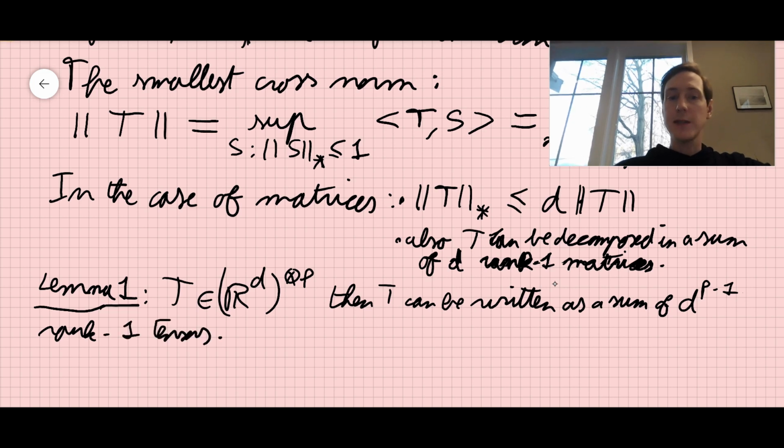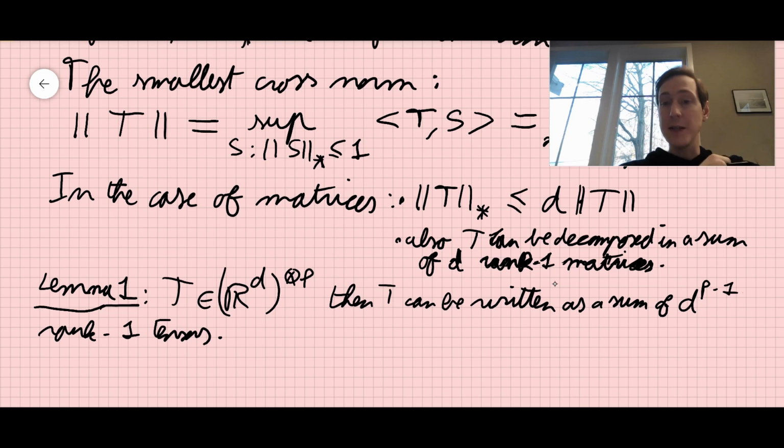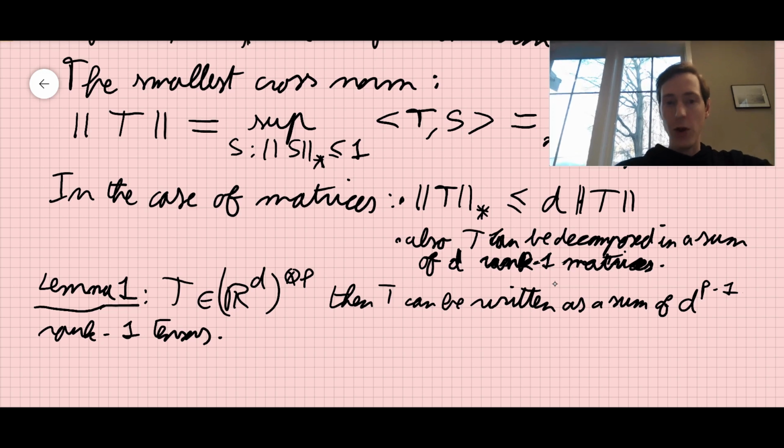So you see that when P is equal to 2, we recover that you can write it as a sum of d rank 1 tensors. This fact is actually completely trivial, and I will explain why. Now, a slightly less trivial fact is that you can in fact write it as a sum of symmetric rank 1 tensors, meaning instead of x times y, you will only have x times x. Of course, T might not be symmetric itself.